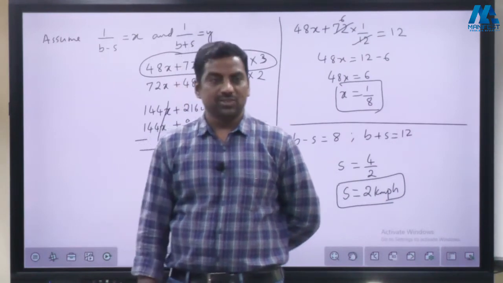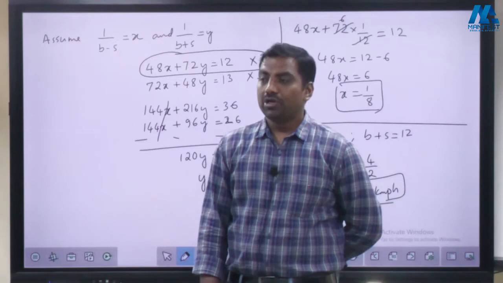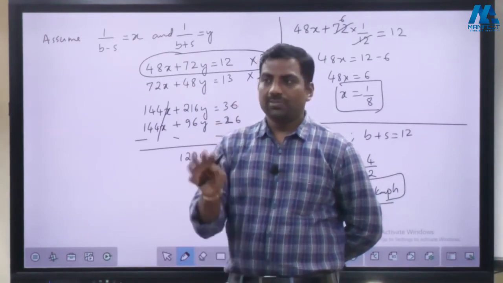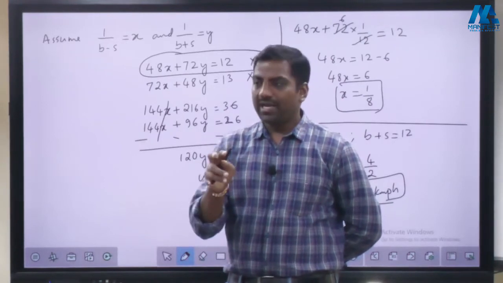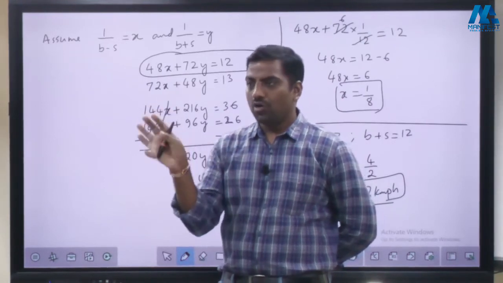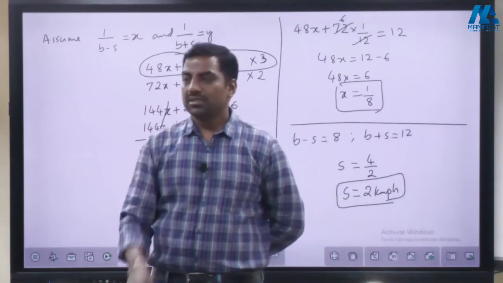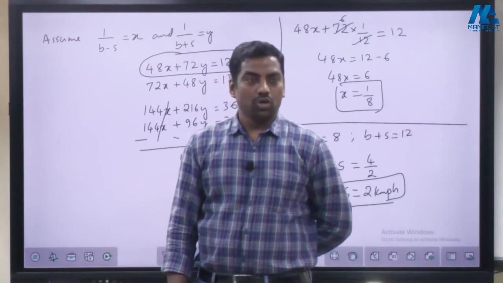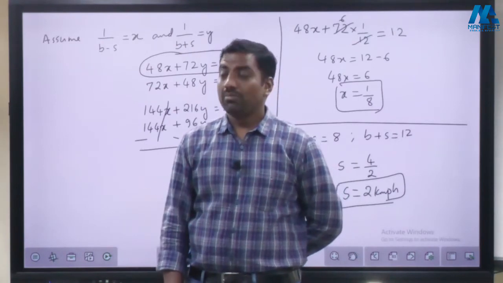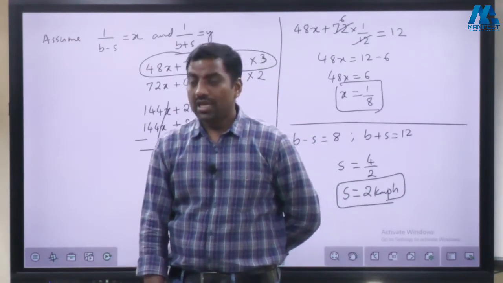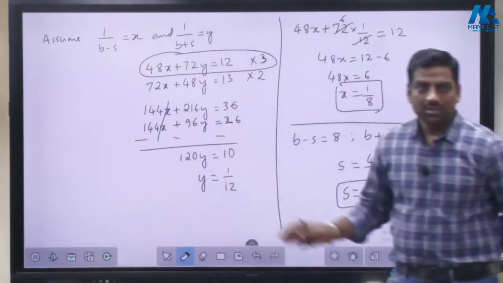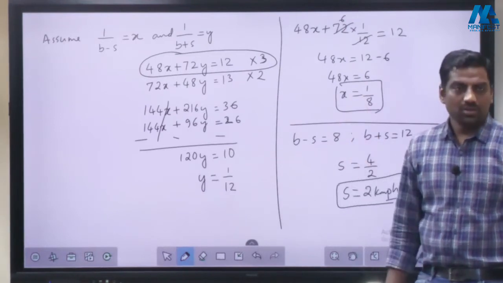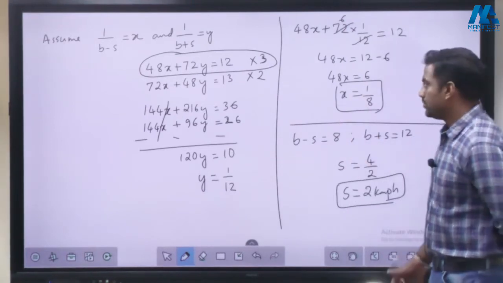If any one of B and S is known, then that problem becomes an equation in one variable. When B and S both are known, then it is simple. But when both are not known and you come across this equation, it will take longer time. So you have to keep it for second round or third round, not the first round.